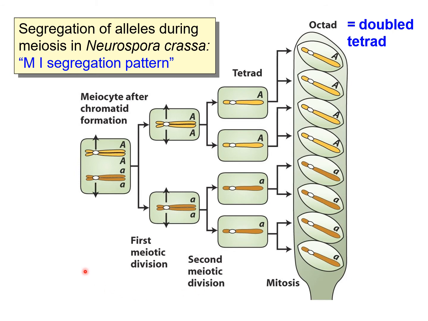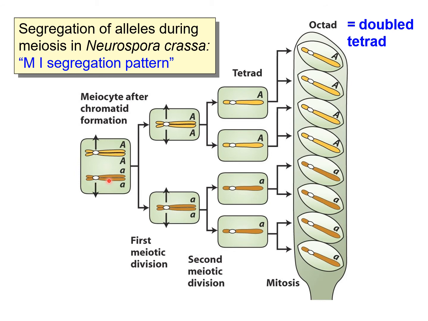Now here I'll be focusing on the M1 segregation pattern. These two are homologous chromosomes, and they differ from each other. One has the small a, and this has the capital A. These two are different mating types.